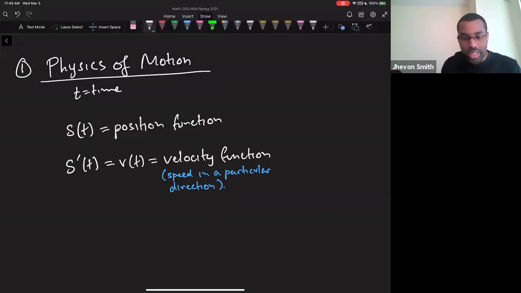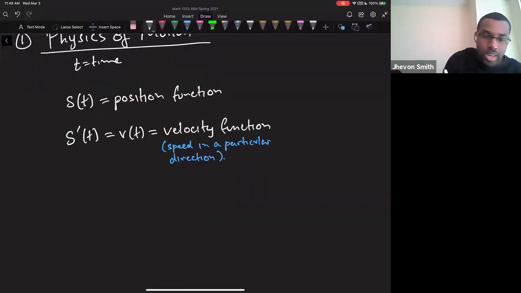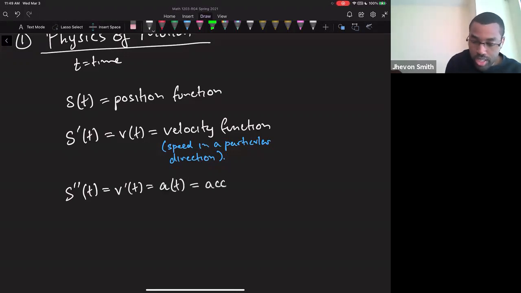However, we could actually, in general, take another derivative. You could take the second derivative of the position, right? And this is the same as the first derivative of velocity, and we call that a of t. It's actually the acceleration function.